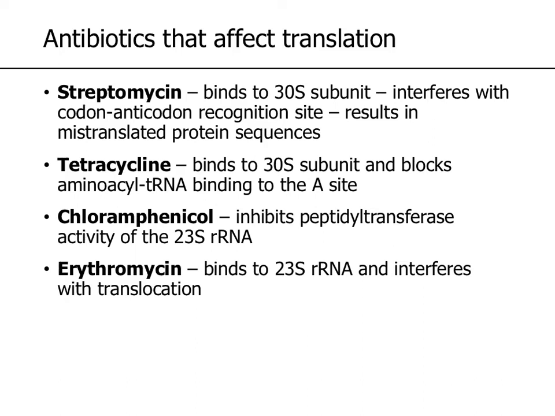Tetracycline also binds to the 30S subunit and blocks aminoacyl tRNA binding to the A site. Chloramphenicol inhibits the peptidyltransferase activity of the 23S ribosomal RNA. And erythromycin is another one that affects the 23S ribosomal RNA and interferes with translocation.